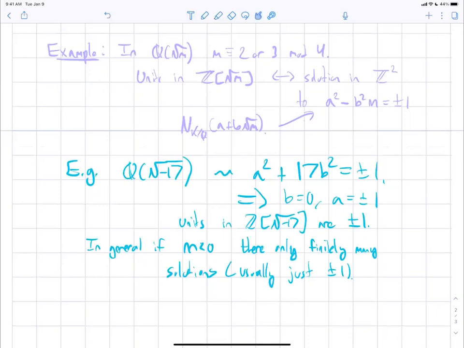Otherwise, when you get only finitely many, even without working out which ones you can get, which you can do really concretely and you'll do that, if you know there are only finitely many, then it's a group of finite order, so every element is a torsion element. But being torsion just means x to the n is equal to 1. So all of these are going to be roots of unity.